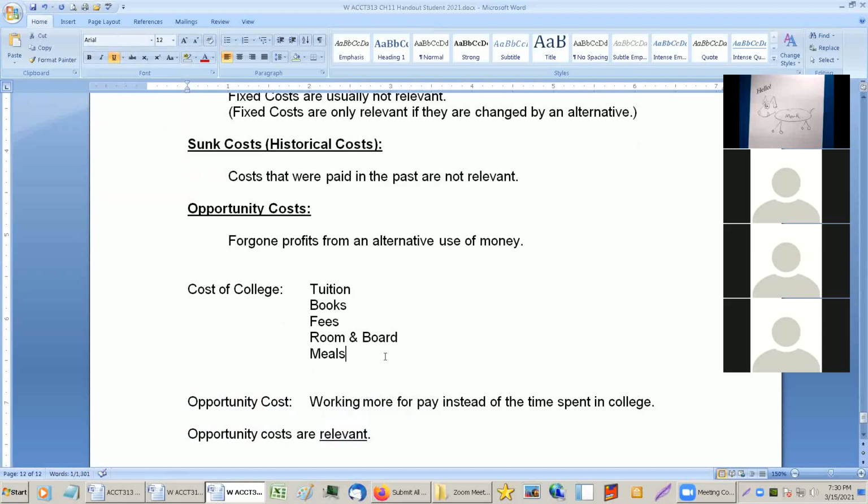It's basically another alternative you can be doing. An alternative of going to school is you wouldn't be going to school, and then you could be working more at your job or working another job, whatever you can be doing instead of going to college. So that's an opportunity cost of going to school, and those are relevant. They're basically another alternative.